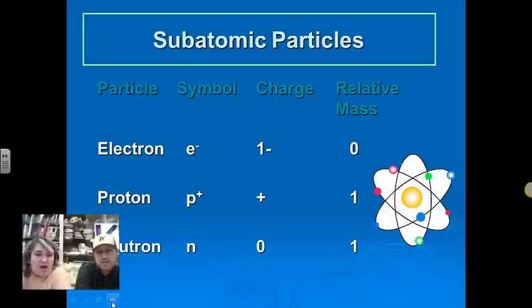So protons and neutrons are found inside the nucleus of an atom, in the center. Protons have a positive charge. Pro means positive, and they have a mass of 1. Neutrons are neutral. They have no charge at all, but they have a mass of 1. So overall, we have -1 from the electron and +1 from the proton, and so that atom has a neutral charge overall.